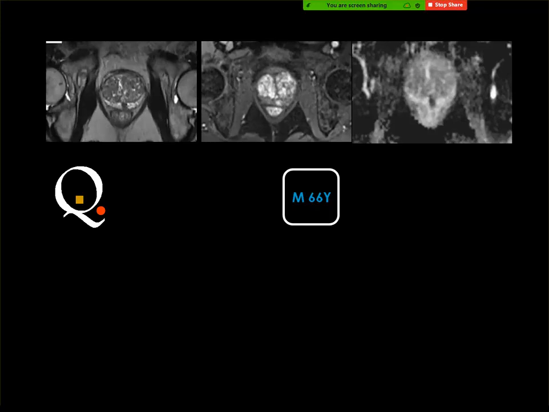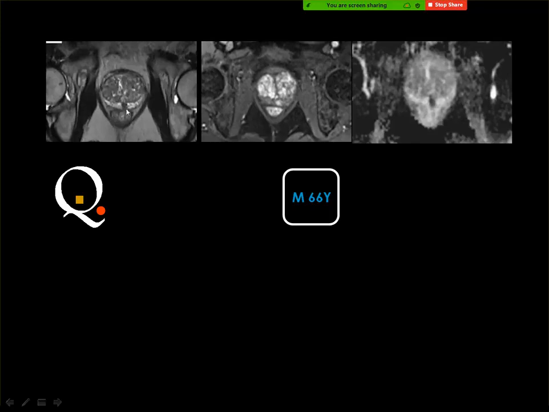Benign prostatic hyperplasia? Okay. Prostatic cancer? Both. Okay, hyperplasia and cancer. Left peripheral zone lesion. Yes, and you see that the central zone is enlarged with multiple cystic changes compatible with prostatic hyperplasia.